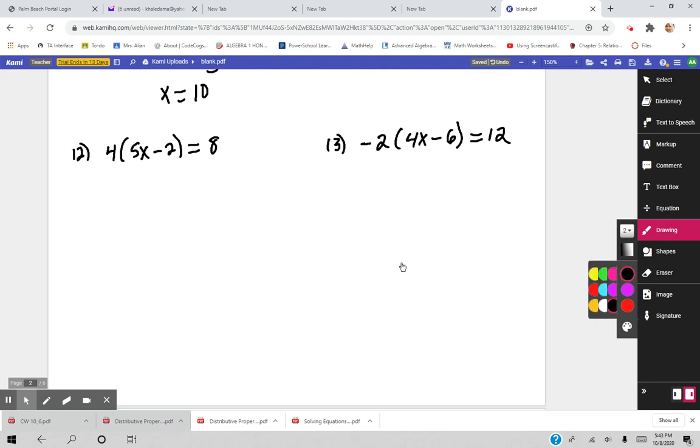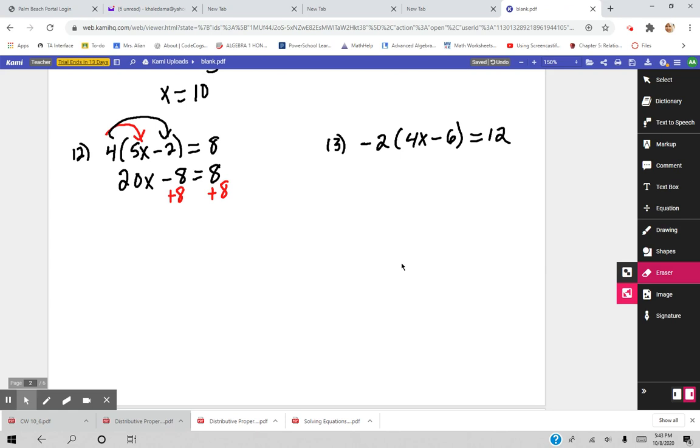All right. So let's distribute. This gives us 20x. Distribute the 4 to the -2, that'll give us -8 equals 8. Okay, let's cancel the -8 by creating a zero pair. So add a plus 8 here and +8. So this cancels.